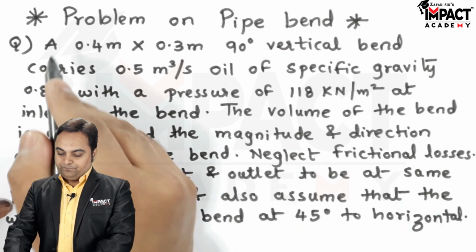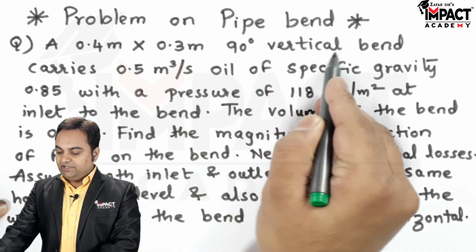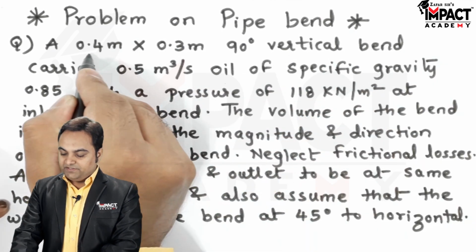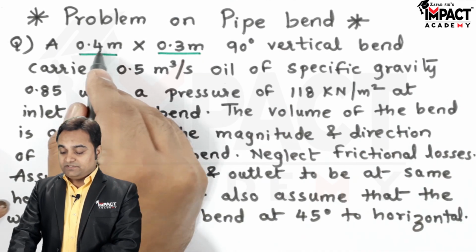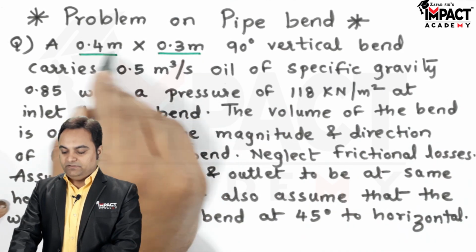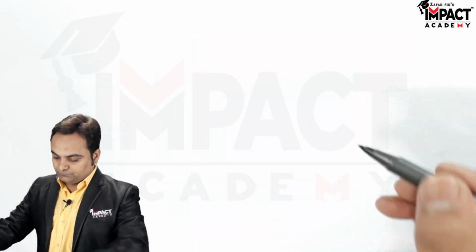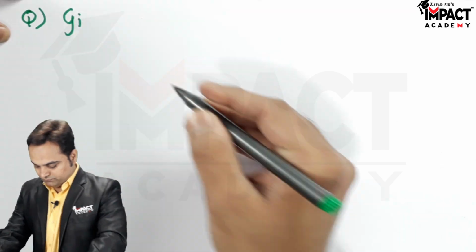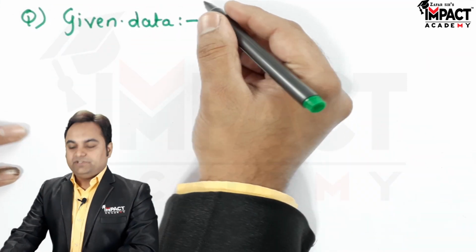It is given a 0.4 meter into 0.3 meter 90-degree vertical bend. So when this cross section is given, it indicates the diameter of the pipe bend, that is at inlet and exit. I'll write it in the data. First, I'll mention the type of bend here.